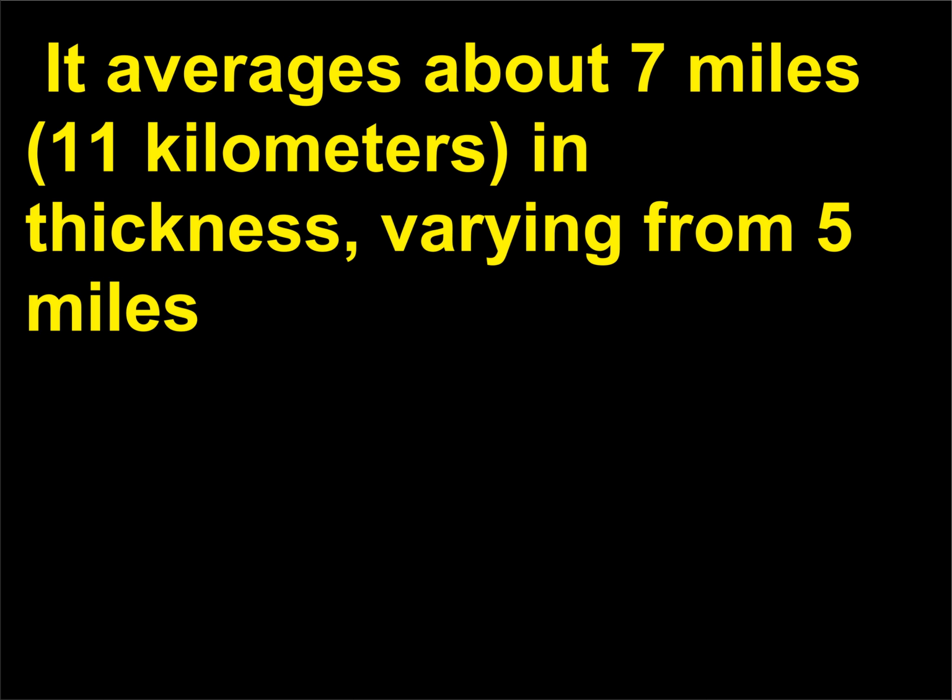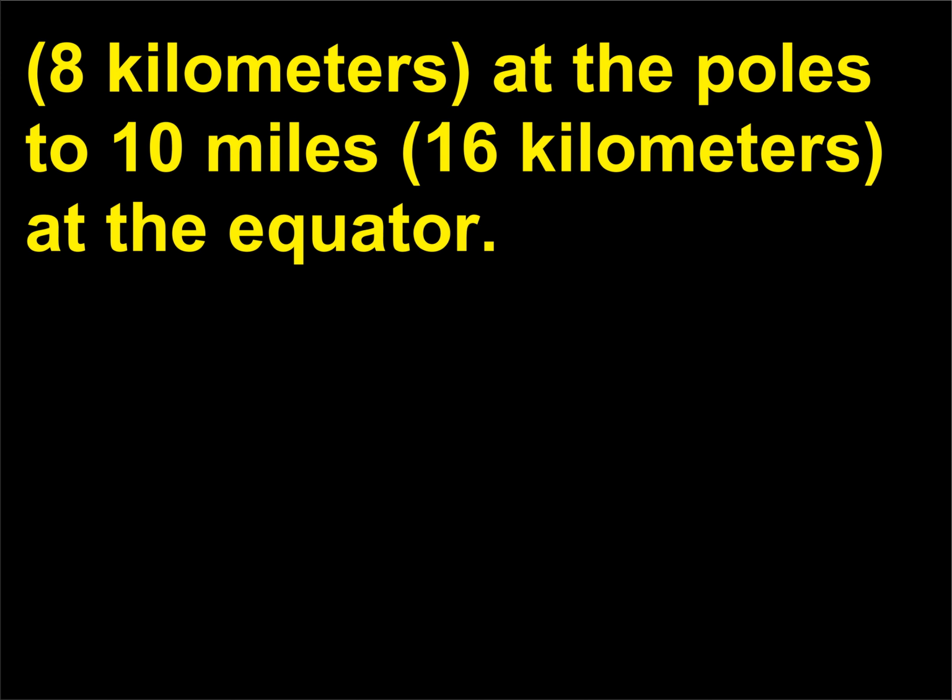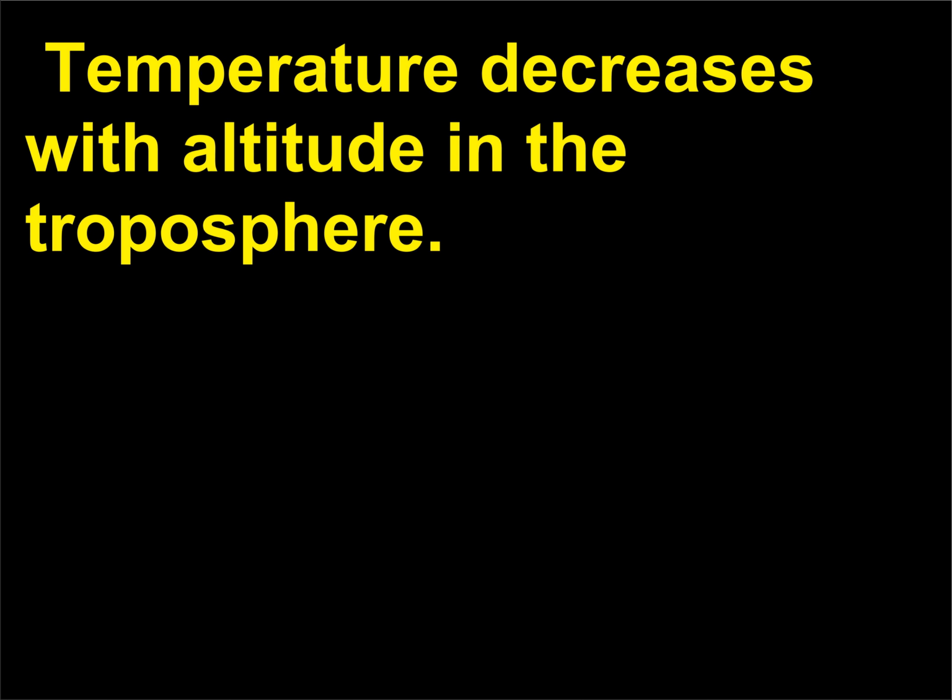It averages about 7 miles, 11 kilometers, in thickness, varying from 5 miles, 8 kilometers, at the poles to 10 miles, 16 kilometers, at the equator. Most clouds and weather form in this layer. Temperature decreases with altitude in the troposphere.